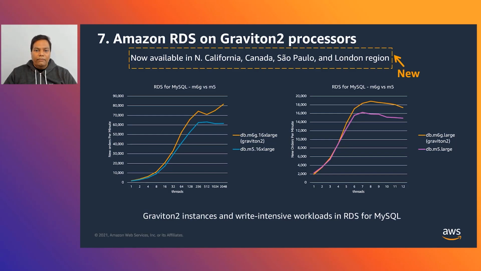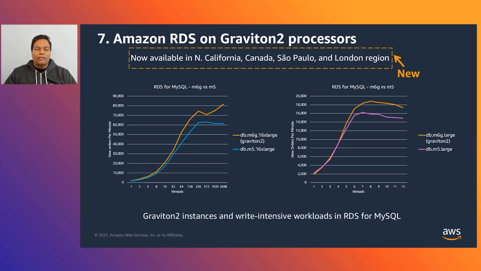If you look at the graph, you can see orders per minute on the y-axis and number of threads on the x-axis. As we increase the number of threads, you can see that the M5 16xlarge instance is not able to scale beyond 256 threads. But the M6g xlarge keeps going and is able to scale much better.